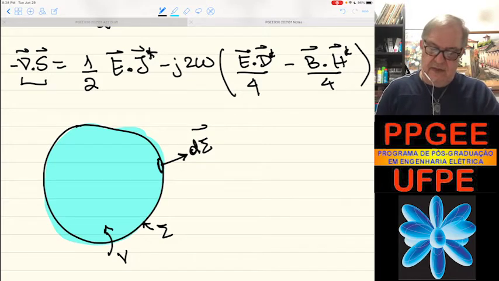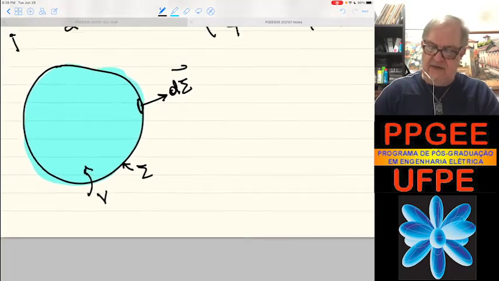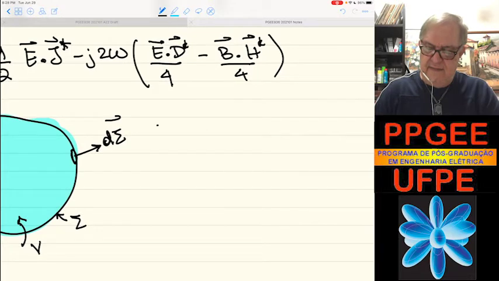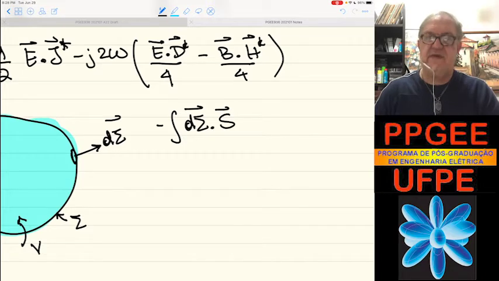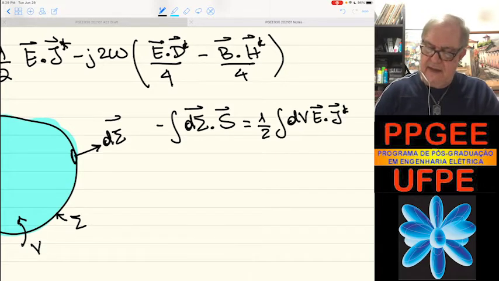So we calculate the flux of S inwards. So the integral from the divergence is going to give us minus the flux of the complex Poynting vector equals 1/2 E J conjugate, right? There's one term, minus j 2 omega.